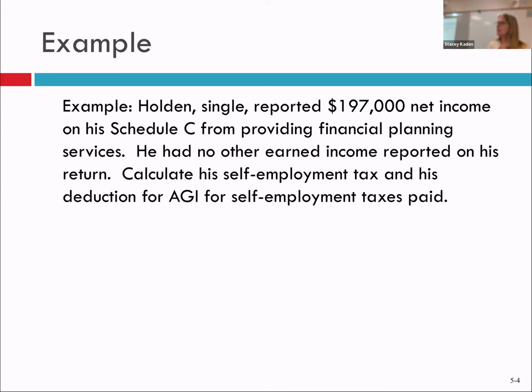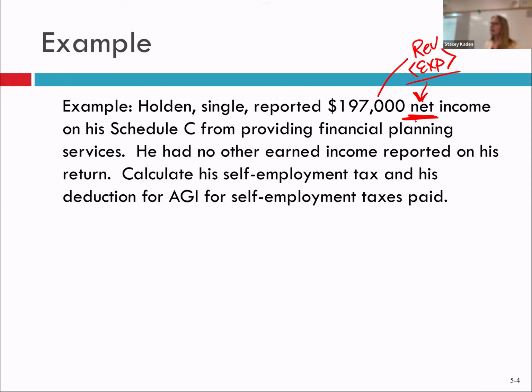Was his revenue 197,000? No, it was probably quite a bit higher, right? Because this is net, which means this is revenue less expenses or deductions, whatever gives us the net. And that is what is subject to self-employment tax. Okay.